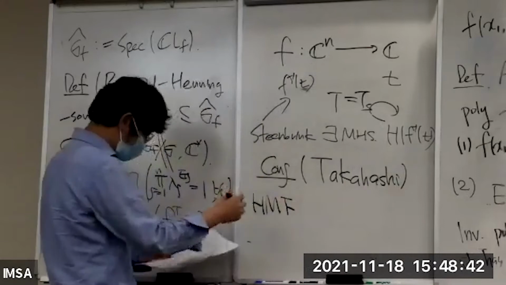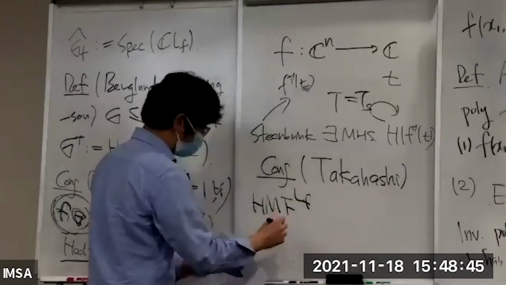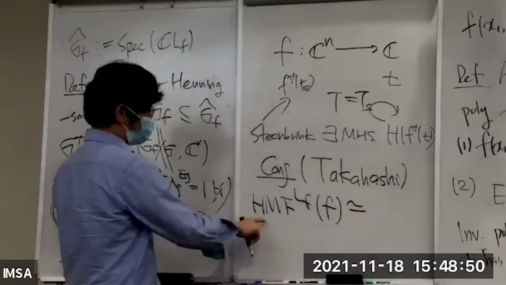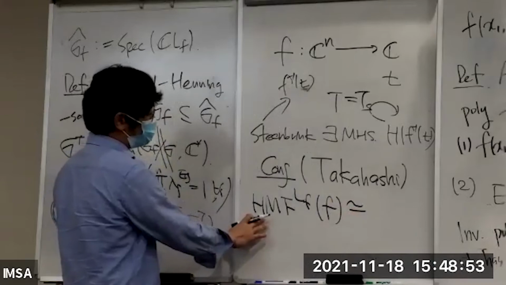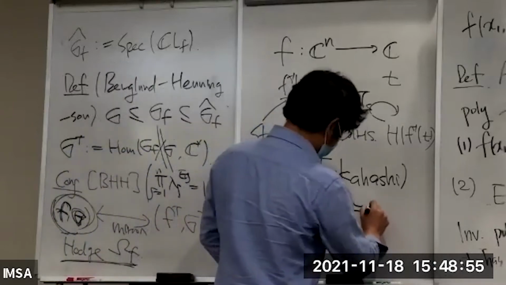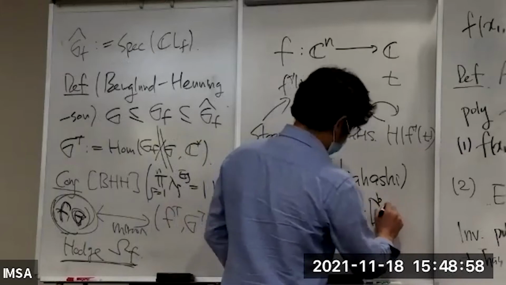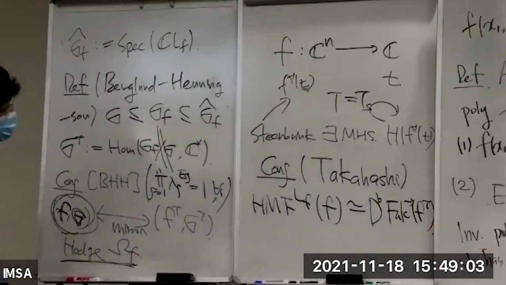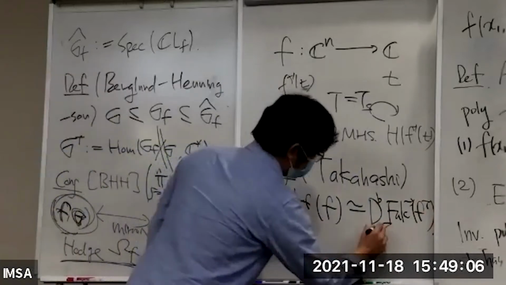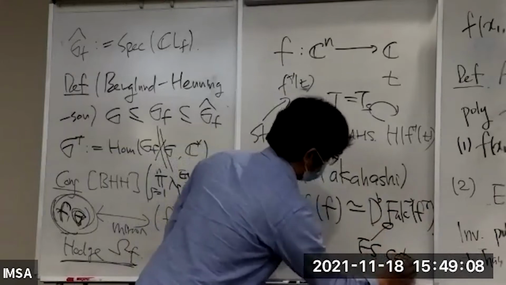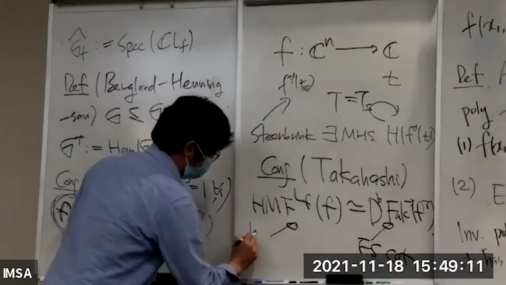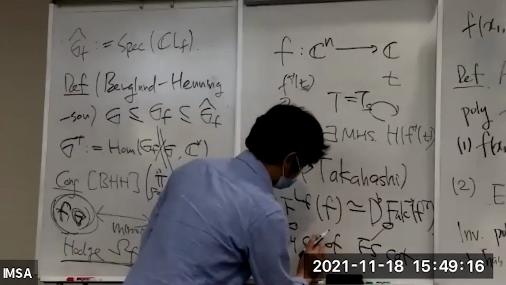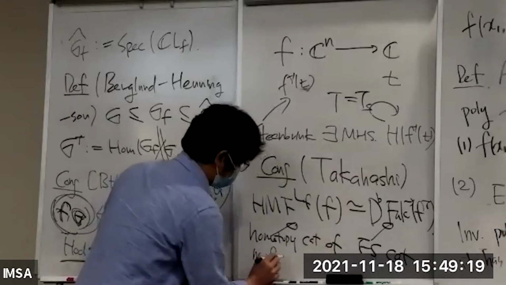I will explain both sides. Homological mirror symmetry says that the category of matrix factorizations is equivalent to the derived category of coherent sheaves, and this is the homotopy category of matrix factorizations. I will explain this.